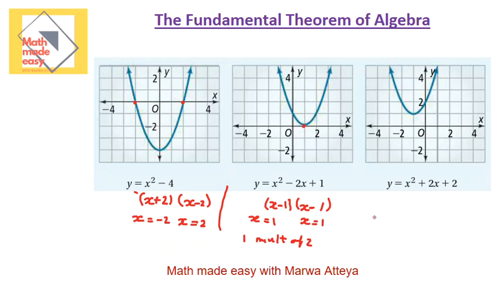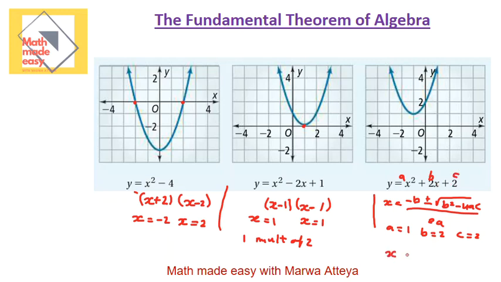If we look at our last equation, we will see that it cannot be factored. So for you to solve it, you will be using the quadratic formula, which is x equal negative b, positive or negative, square root of b squared minus 4ac over 2a. Now we can see here that a is equal to 1, b is equal to 2, and c is equal to 2. A is the coefficient of x squared, b is the coefficient of x, and c is the constant.